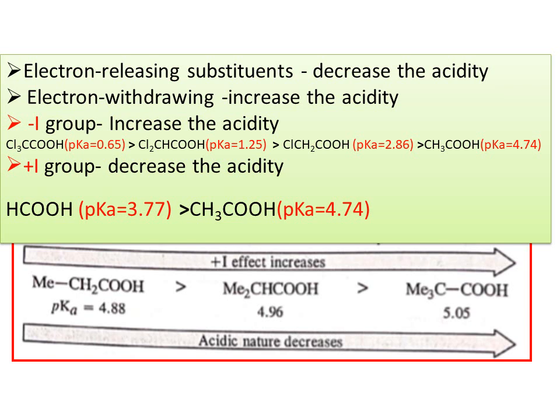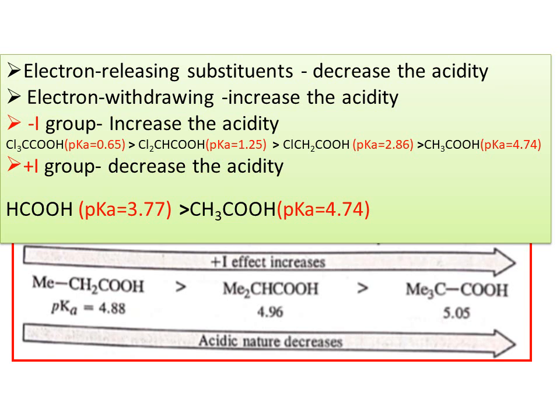Therefore, the acidic nature of the trichloro, dichloro, monochloro and acetic acid decreases in this manner. This is due to the minus I effect group.